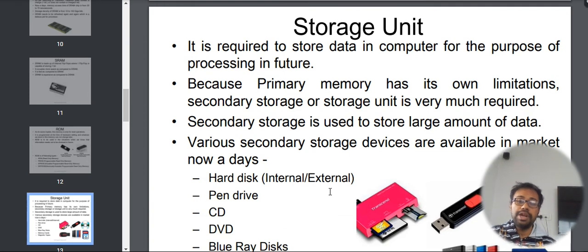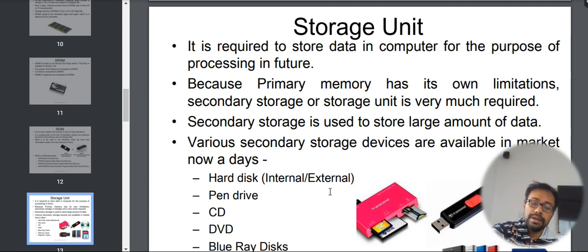Now the storage unit is a bit different from the memory unit because the storage unit pertains to the secondary storage, or the secondary memory. Storage came into being because of the limitation of primary memory, because primary memory's volatility created another need for a storage device that can store data permanently.